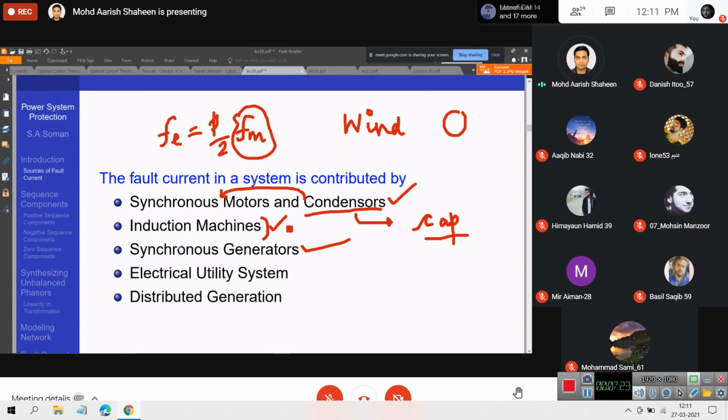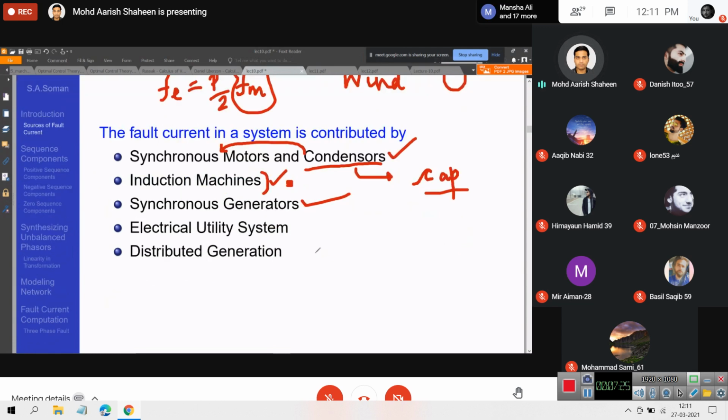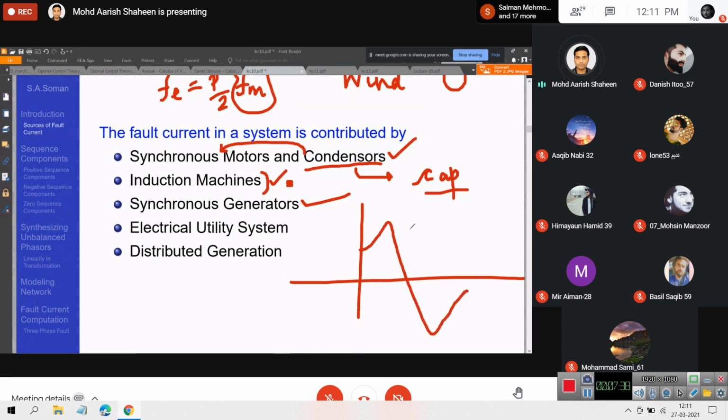On the other hand, if you know anything about an induction generator, it has a characteristic like this. This is a motoring mode and this is the generating mode.